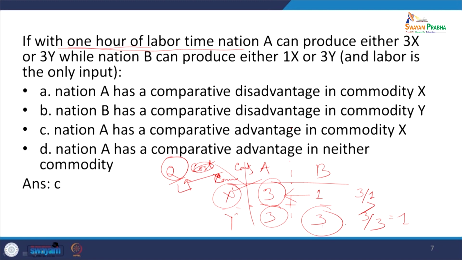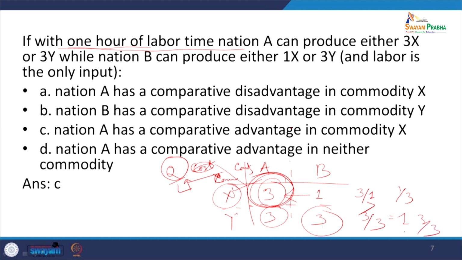So comparatively, country A has comparative advantage in production of X, that is for sure. Now in reverse, what you do is 1 upon 3 and 3 by 3.